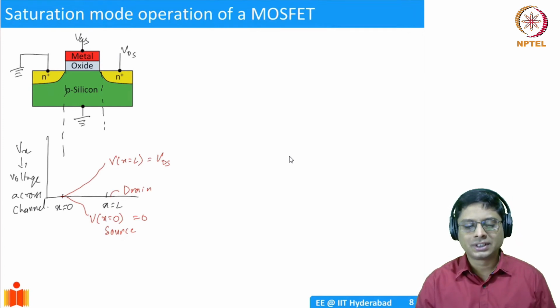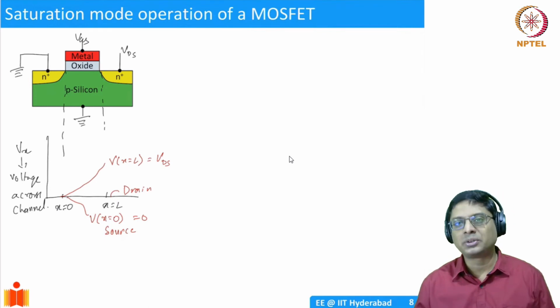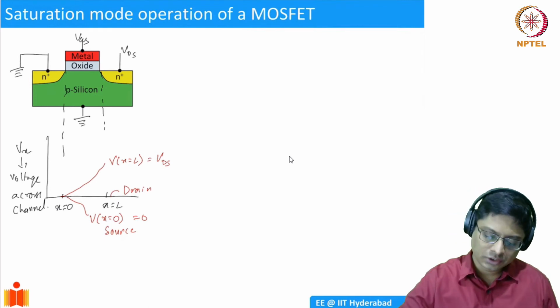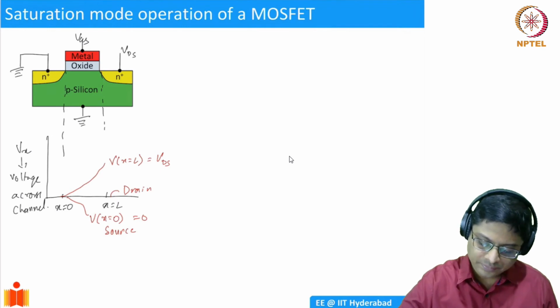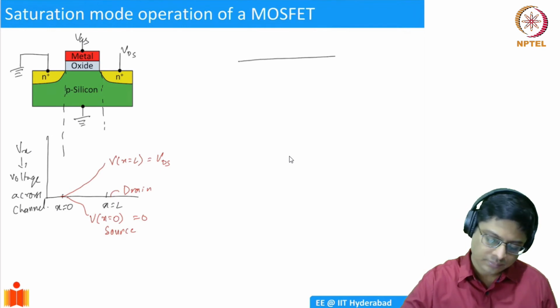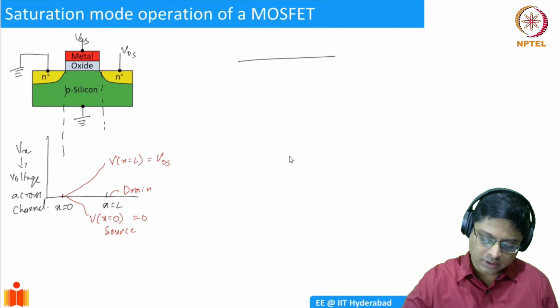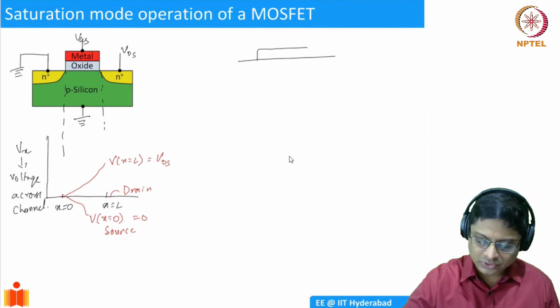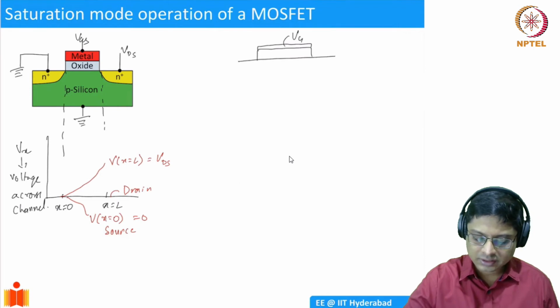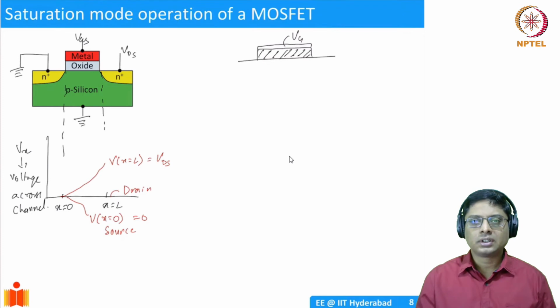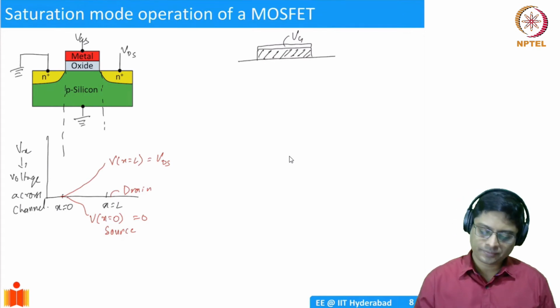So what? Well, to understand that, we need to look at the amount of inversion charge. So what we are having is, let's say an oxide, and there is a gate, VG. This is an oxide in between. So what is the amount of inversion charge?